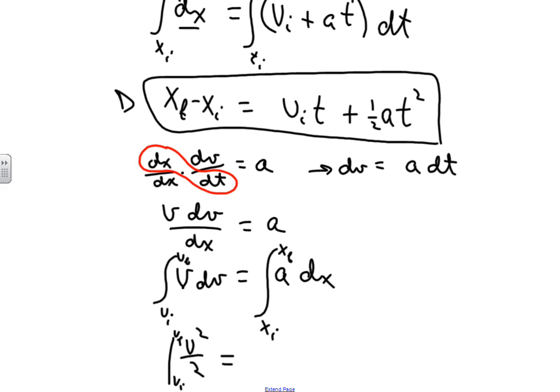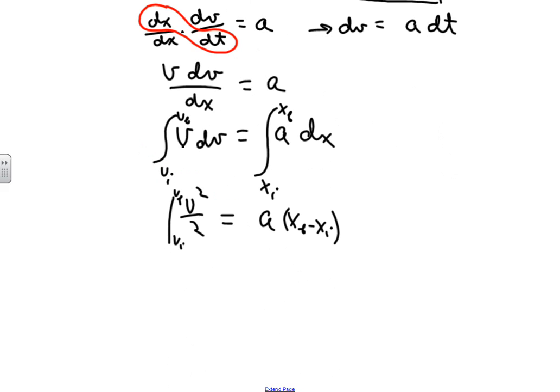And over here, I just get a delta x, x final minus x initial. Okay? And if that's true, then over here, this is just v final squared minus v initial squared all over 2 equals a delta x.